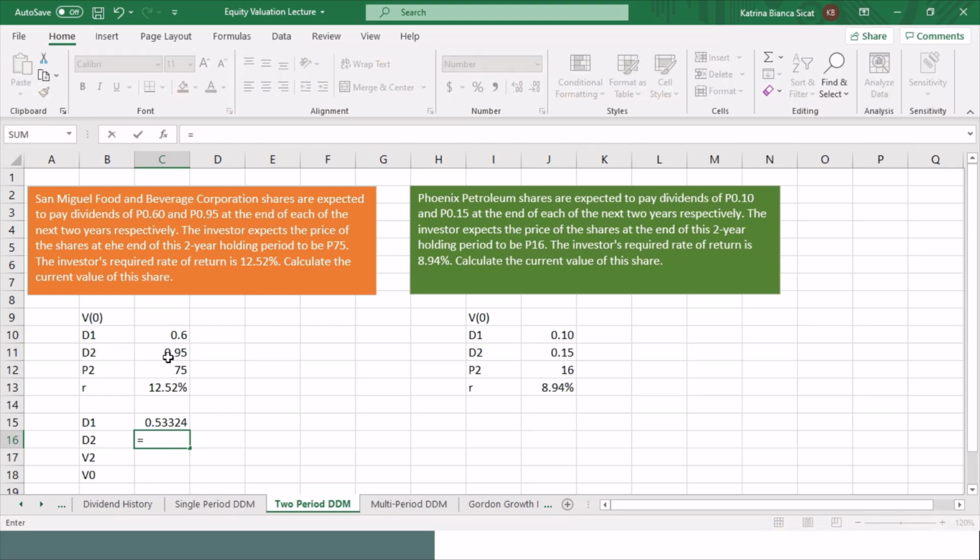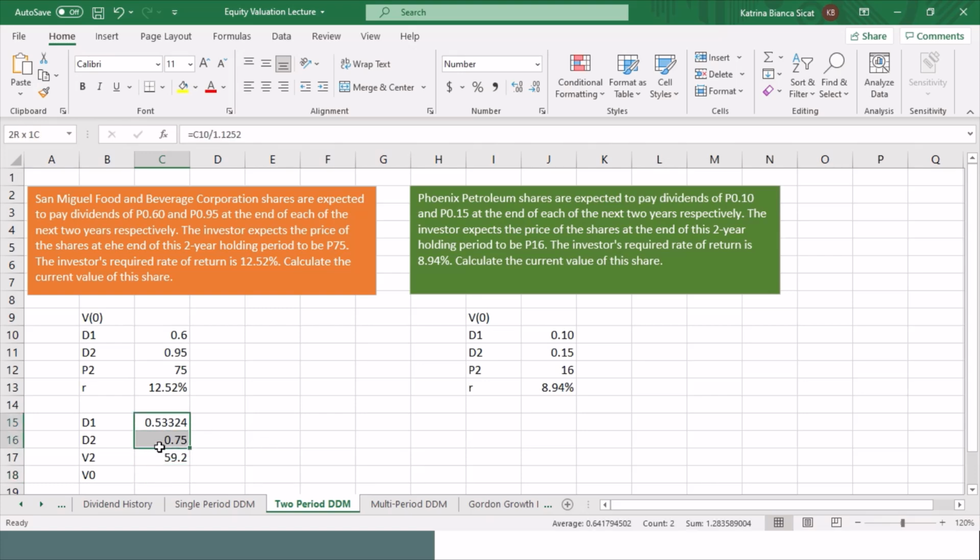So that would be D2, 0.95 divided by 1.1252 raised to 2. And then your value at year 2, that's going to be your P2. So 75 divided by 1.1252, again, raised to 2. And then simply drag everything, kunin yung total.